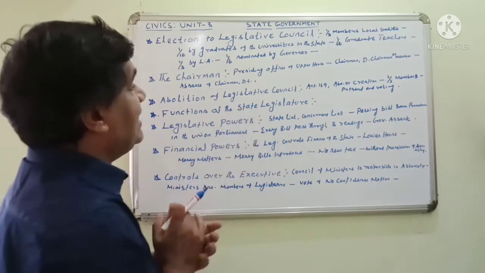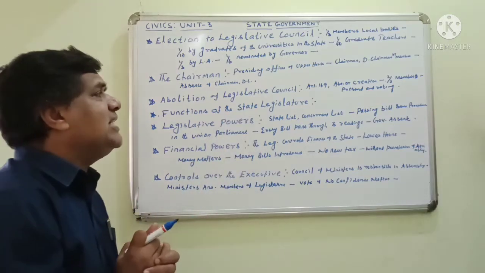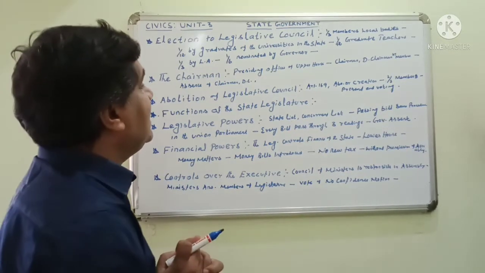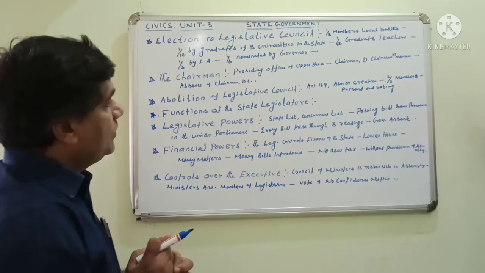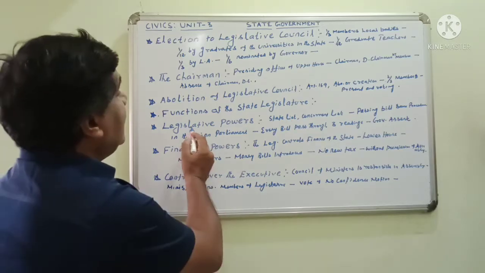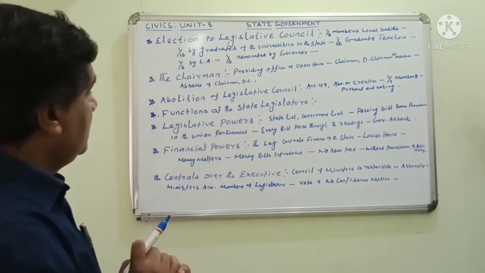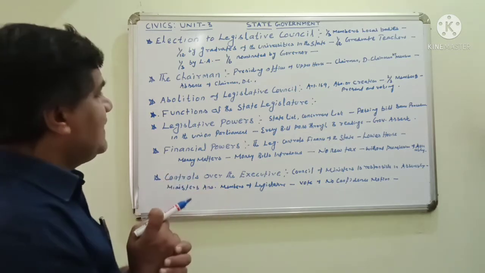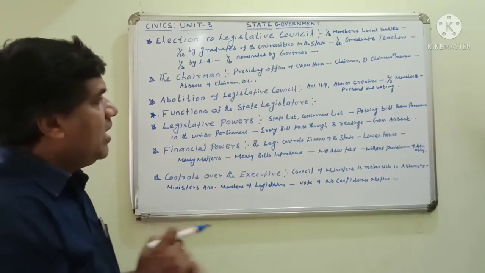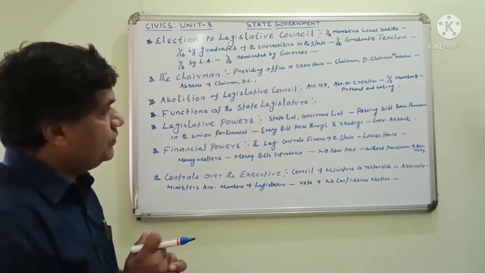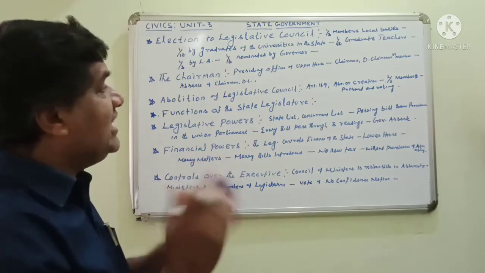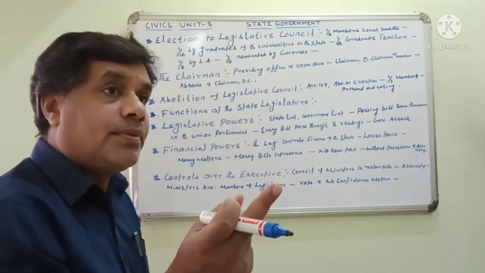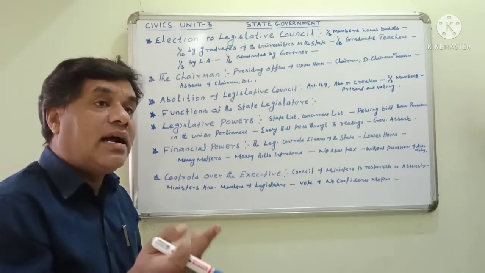Functions of the state legislature. The state legislature has many powers, beginning with legislative powers. As I already told you, in the legislature there is the state list, the central list, and the concurrent list.